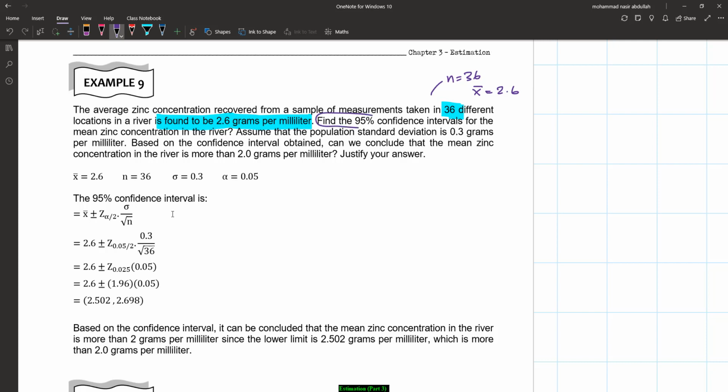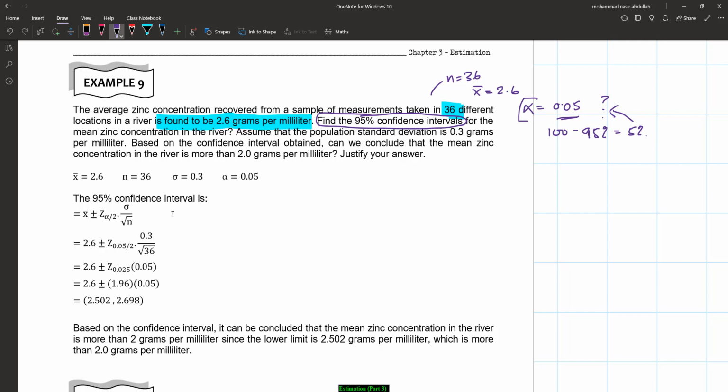Dia kata kat sini find 95% confidence interval. So our alpha is equal to 0.05. Mana dapat benda ni? 100 minus 95% equals 5%. So our alpha is 0.05, expressed in terms of a probability value.